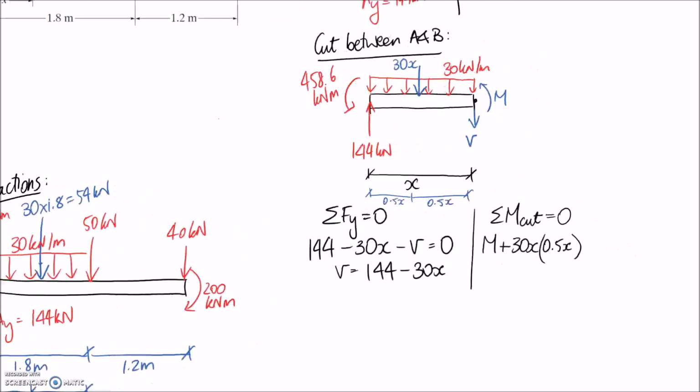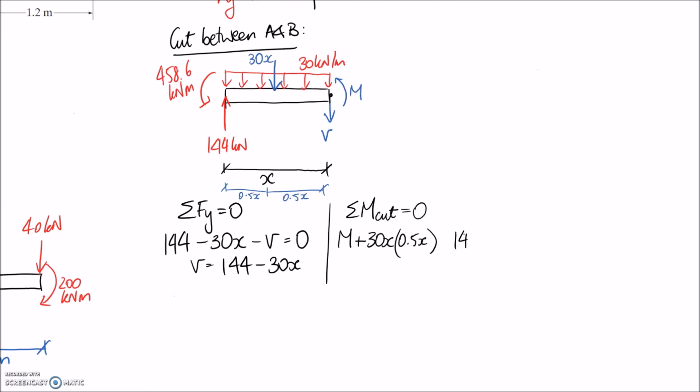We've got the 144 acting at the distance of x meters. And this is going to try and rotate clockwise, so it's negative. And finally we have our couple on the end of 458.6, which is drawn anti-clockwise, so it's positive.